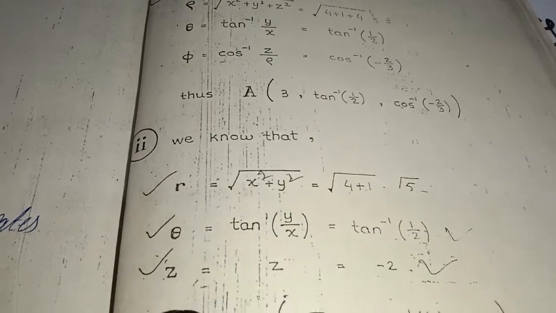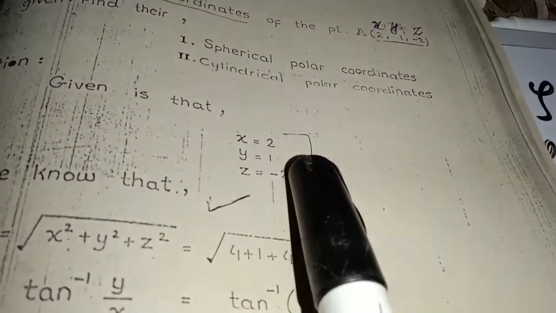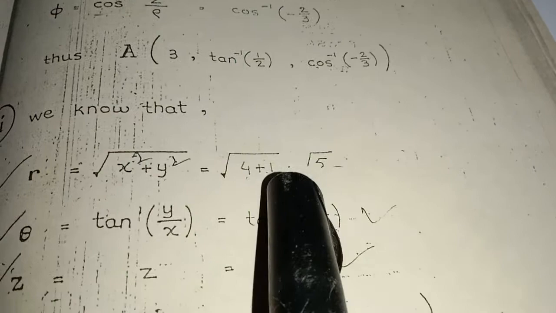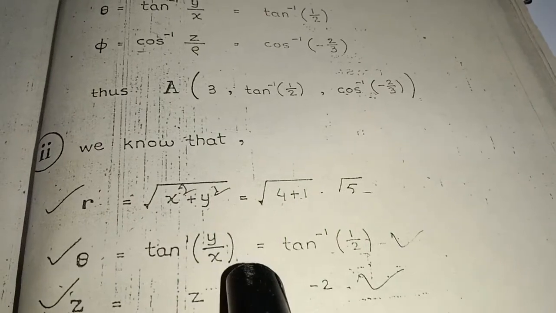Now we find cylindrical polar coordinates. The relation is this, r is this, theta is this and z is this. We know that x is equal to 2 and y is equal to 1. So it is 2 square plus 1 square. So it is 4 plus 1, that is under root 5. Theta is tan inverse of y by x.